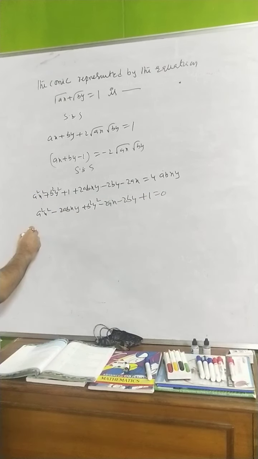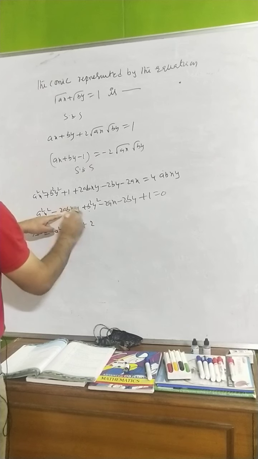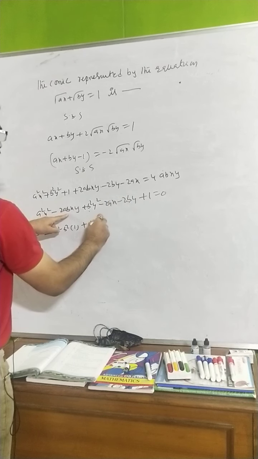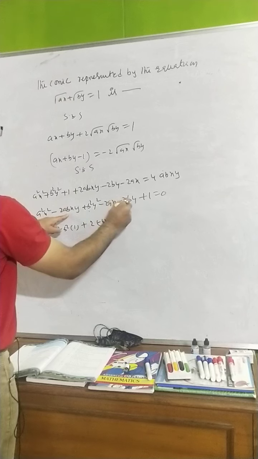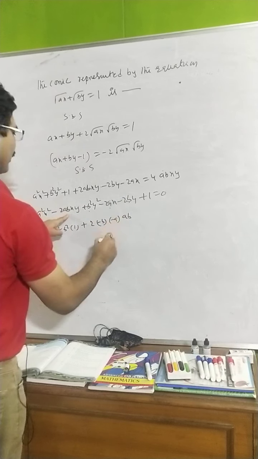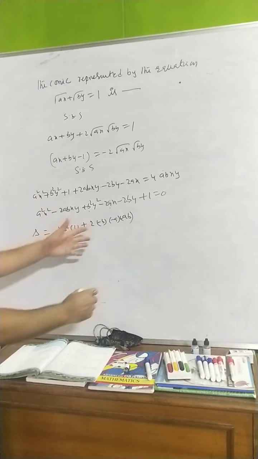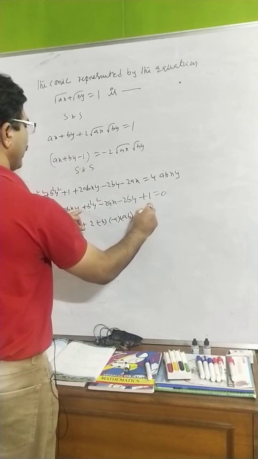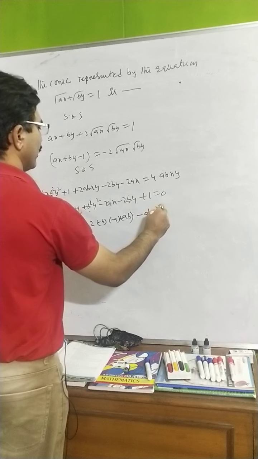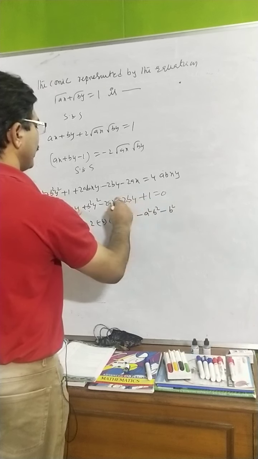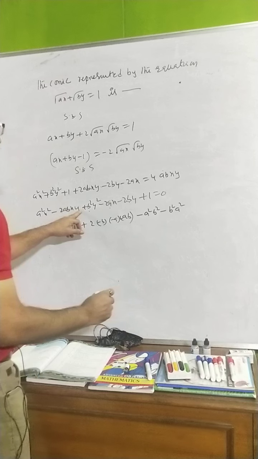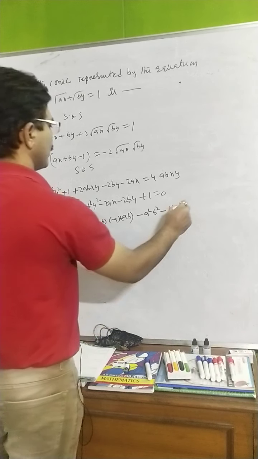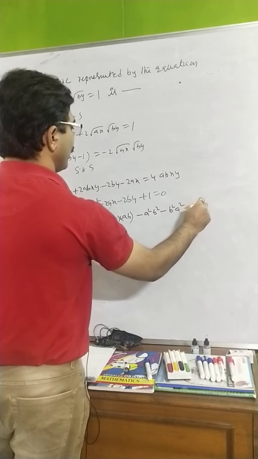ABC, that is a square, b square, 1, minus 2fgh plus 2, with f being minus b, g minus a, and h minus ab. Minus af square, f square means b square, minus bg square, bg square means a square, you are getting again, minus ch square, which means ab whole square.